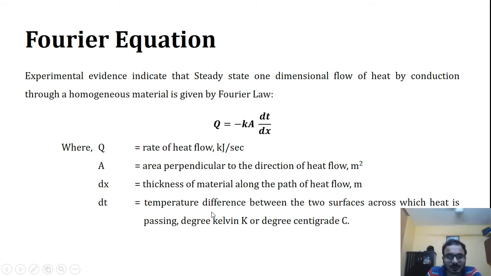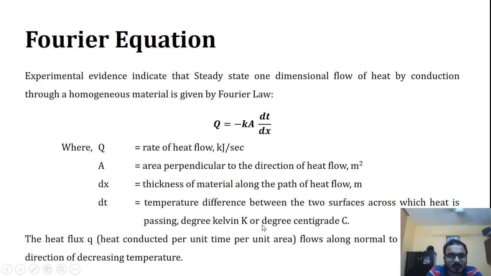dT is temperature difference between two surfaces across which the heat is passing in degree Kelvin or degree centigrade. And another definition is the heat flux q. The heat flux q, that is heat conducted per unit area per unit time, flows along normal to the area in the direction of decreasing temperature.